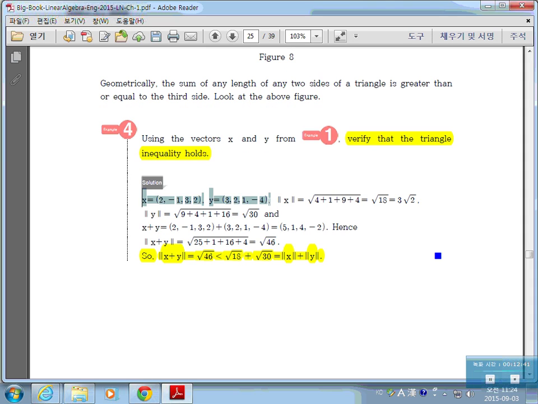Suppose x and y are given as this. Then norm of x and norm of y were found already, and the norm of the addition of two vectors was found already. So we can easily check the norm of x plus y is less than or equal to norm of x plus norm of y. Actually, if we randomly generate these two vectors and check this, then you will see it always holds.